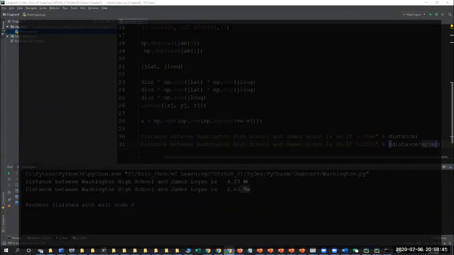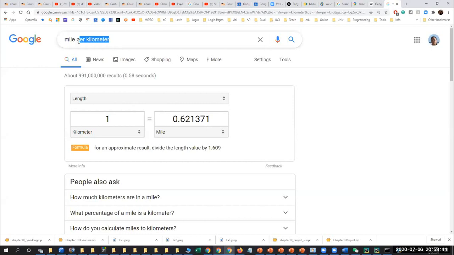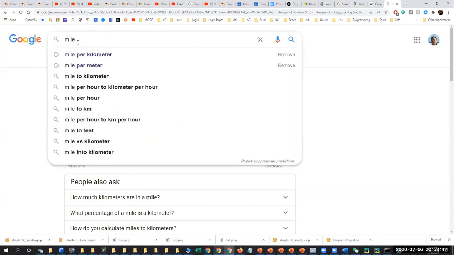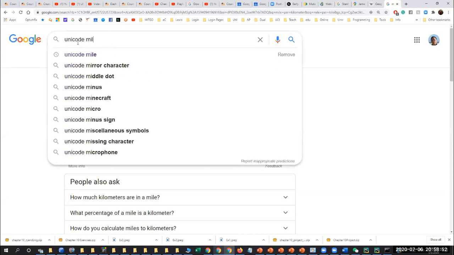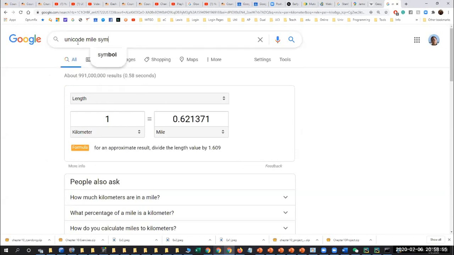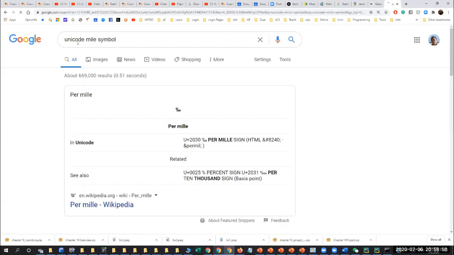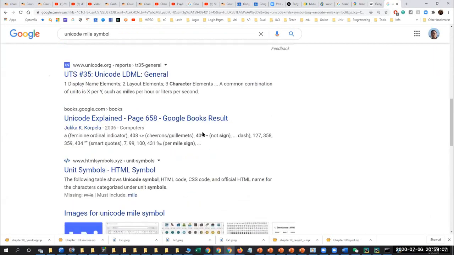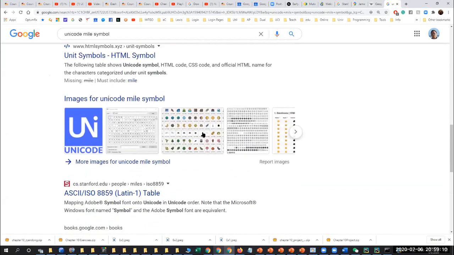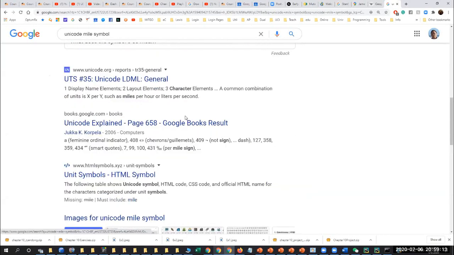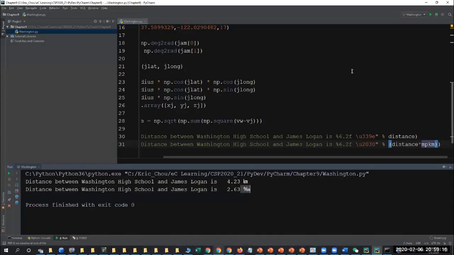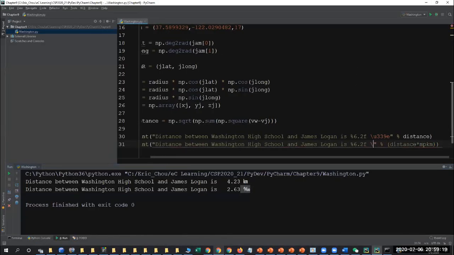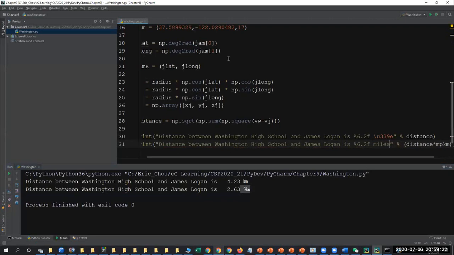Is that the mile symbol? That's called per mile, but not the mile symbol. It's a Unicode per mile symbol, like mile per gallon. So I give up, okay? Here I just say miles.